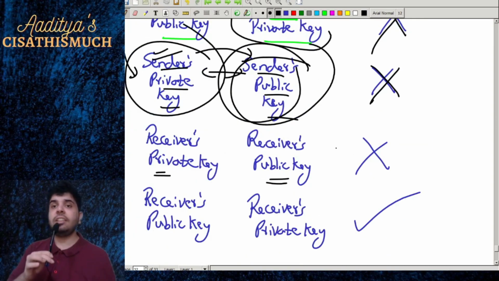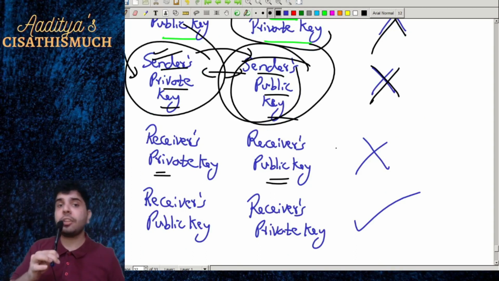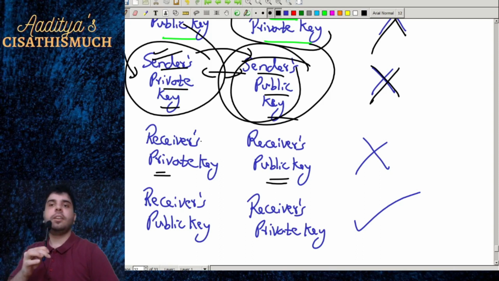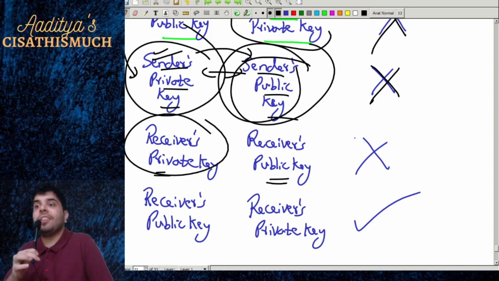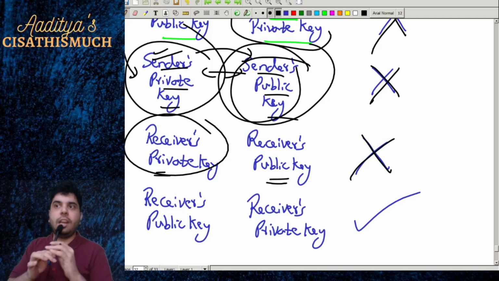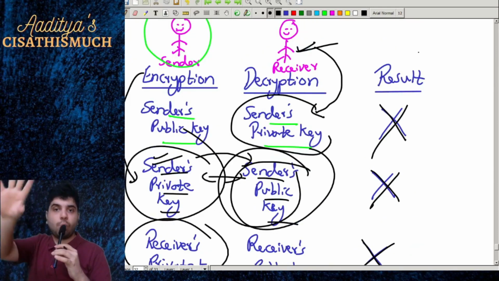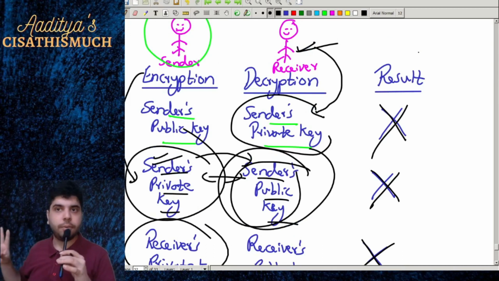So in the third combination, we are saying encrypting using the receiver's private key, but the sender does not have the receiver's private key. So even this combination will not work. Till now we have seen 3 combinations, and all 3 are not working.